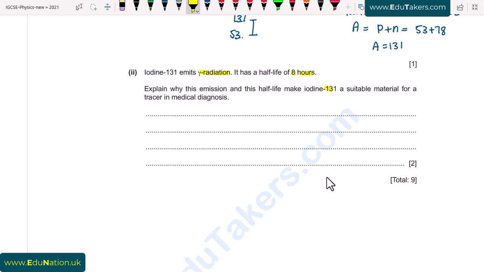So first of all, I write here: needs long enough half-life to be detected.